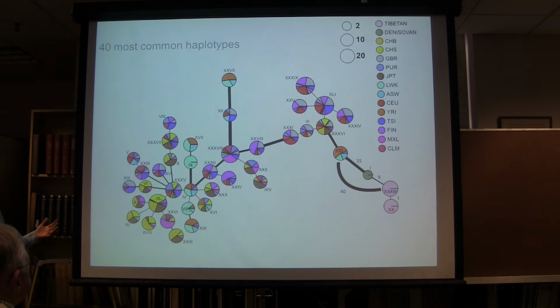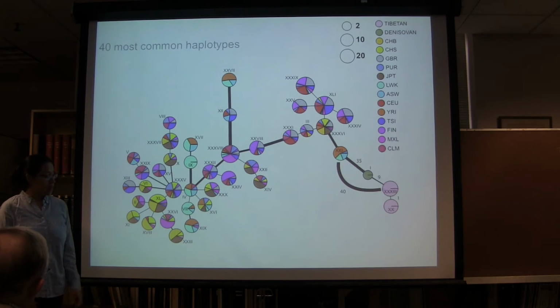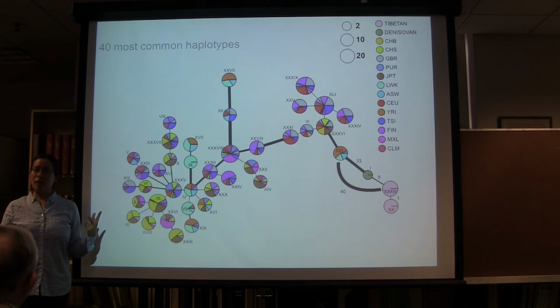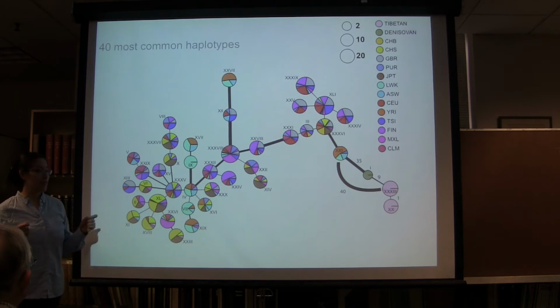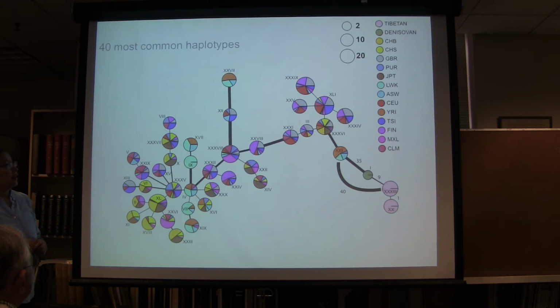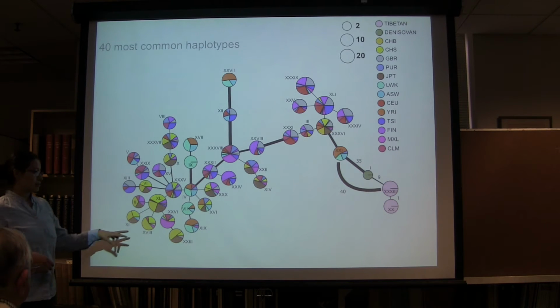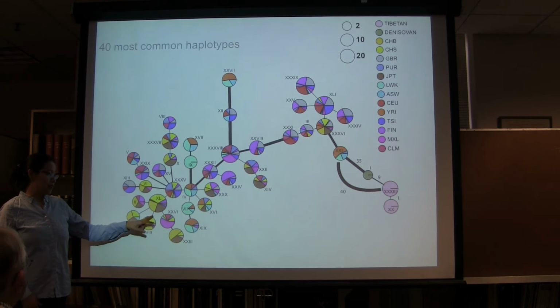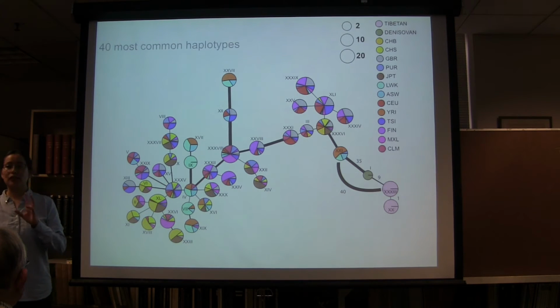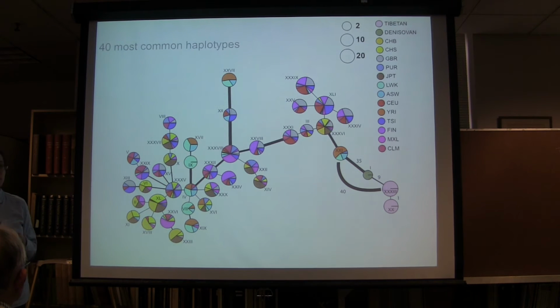So every circle is a haplotype, and there's an edge between 2 haplotypes if they have the least number of differences, and the width of the edge represents the number of differences between the 2 haplotypes, and the size of the circle represents the frequency of this haplotype, and the pie charts are frequencies for each population.